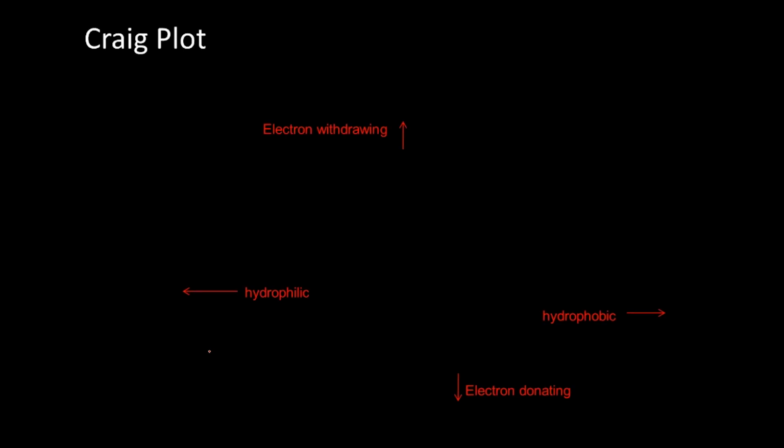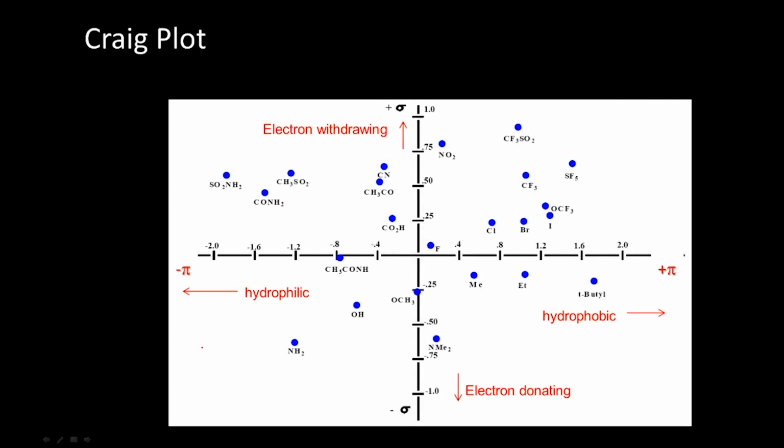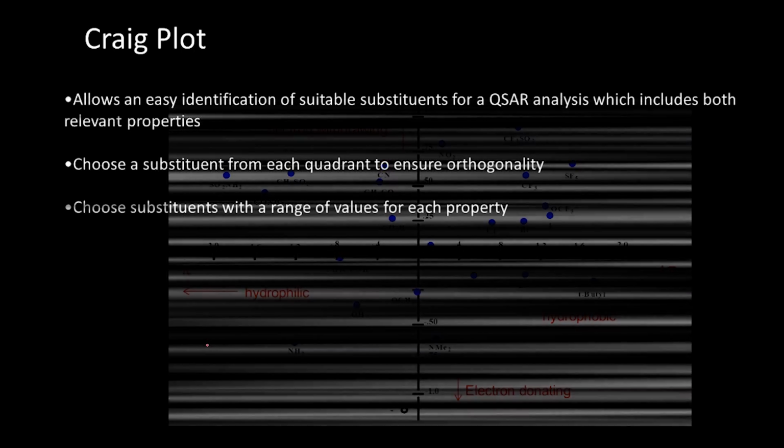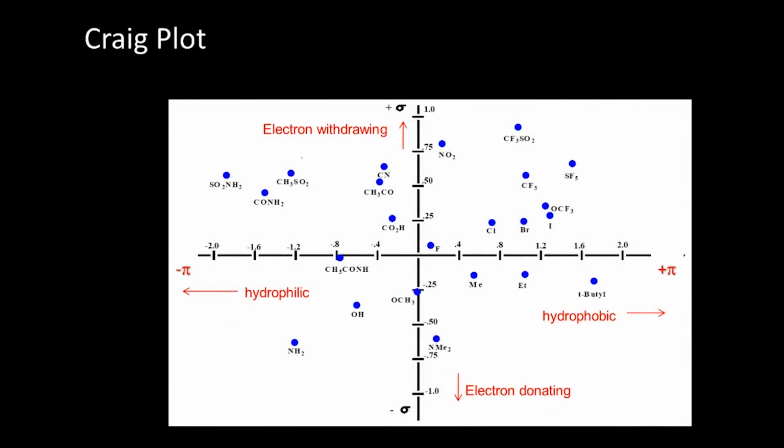There is something called a Craig plot, which is also used in QSAR. Okay, this is a Craig plot. What is this? We have 2 things happening. One is the pi, we have on the x-axis, pi. That is the hydrophobicity, hydrophilicity of the substitution. Sigma is the electronic of the substitution.